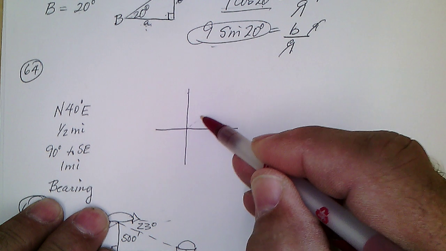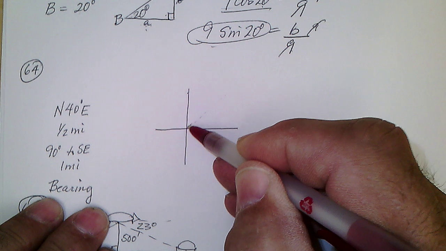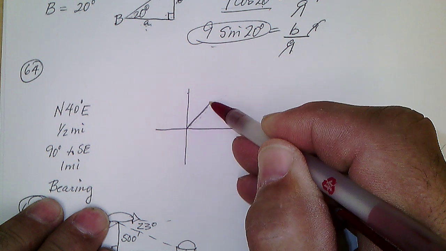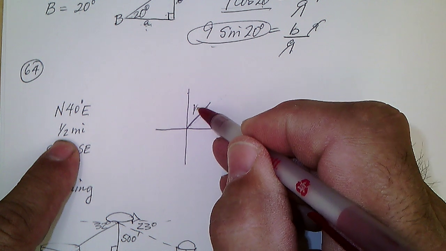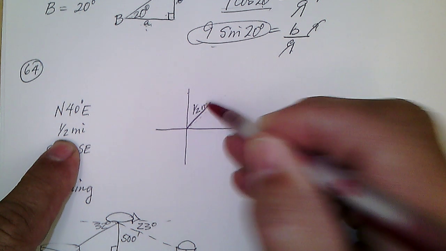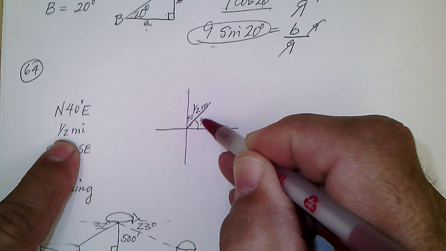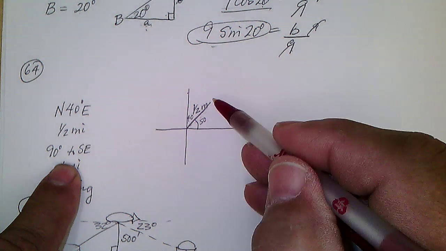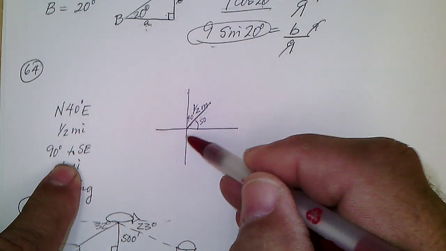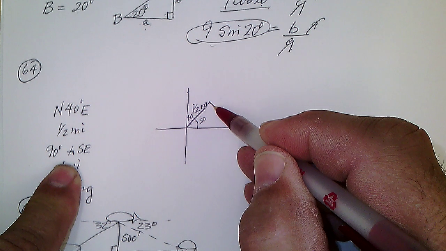So 45 would be right in the middle, so 40 degrees to the east would actually be at 50. And it goes 1/2 mile at that angle, where this is 40 here, so this is 50 here. And then it turns 90 degrees to the south and east, so that would be in this direction.